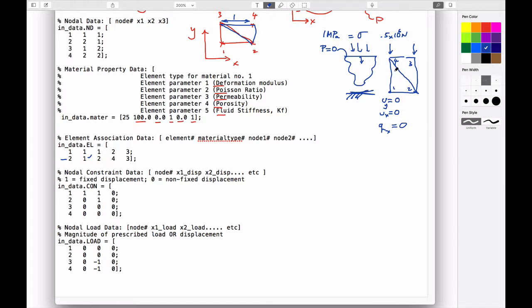So remember, for deformation, we can provide for the solid mechanics part a force or a deformation. For the fluid mechanics part, we can provide either a flux or a pressure. And so we can't apply both. So for any of these, all of these nodes are on the boundary, so they will either have a force or a displacement applied. So here there's a force applied but no displacement.